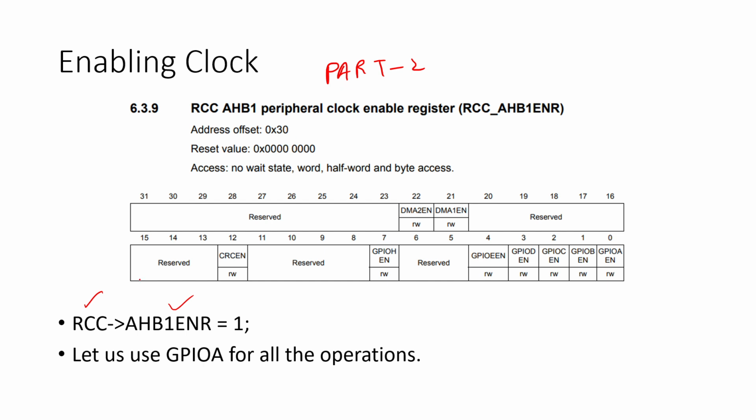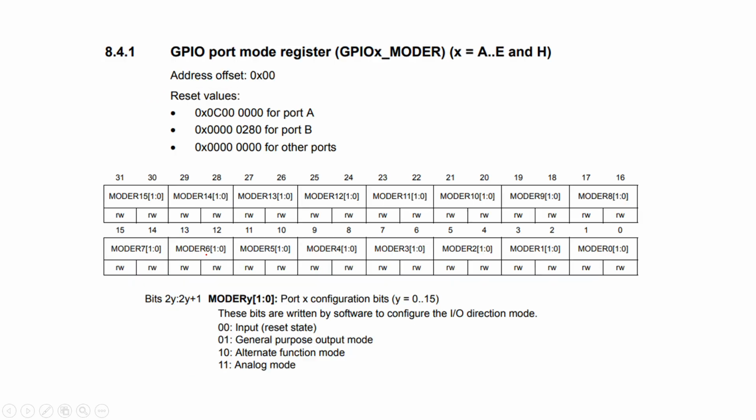Why we are choosing RCC and AHB1 ENR particularly, and how to go through the reference sheet of the STM32 F401 RET microcontroller, I have also explained in that video. For this video, we will be using GPIO A, that is only port A, for all the operations. So I'm enabling only port A. If you keep 1 here, the hex code will be 0x01. That is what I'm putting there.